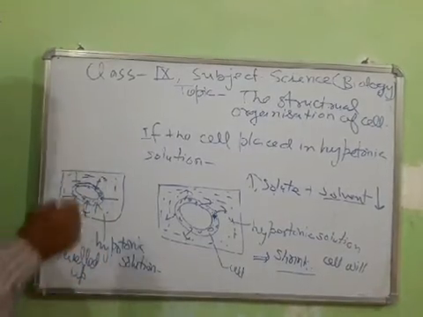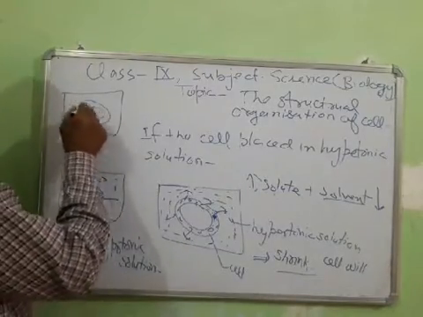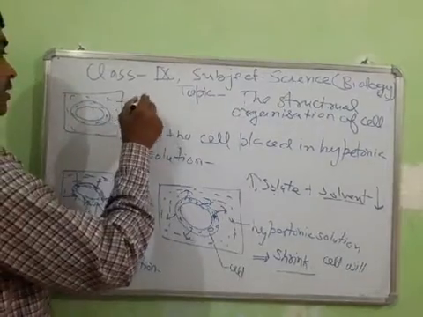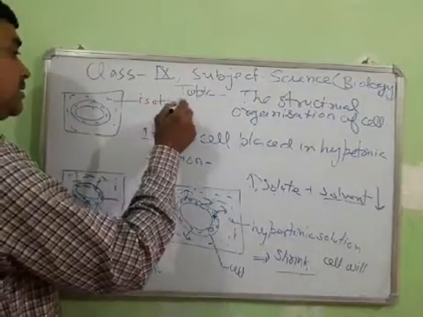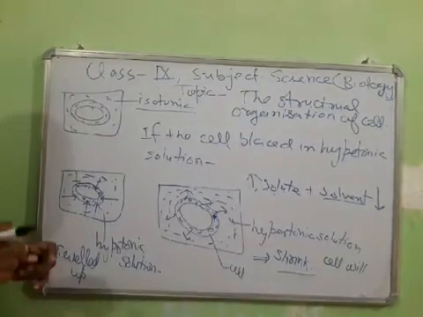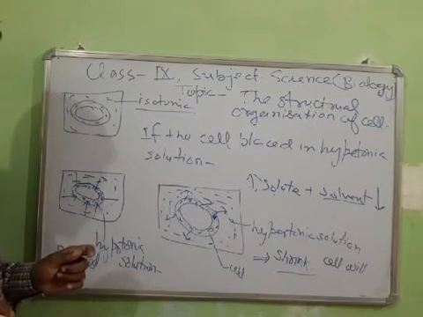When a cell is placed in an isotonic solution, isotonic means the water amount is the same inside and outside of the cell.